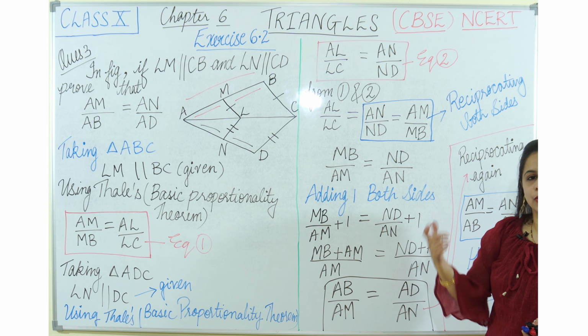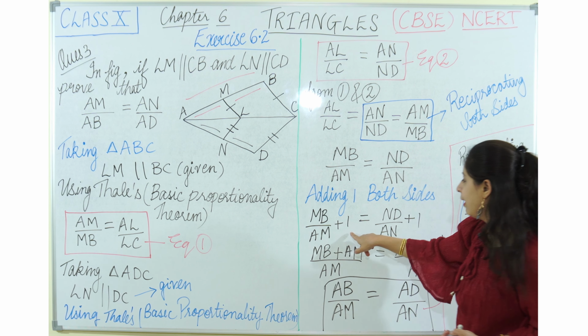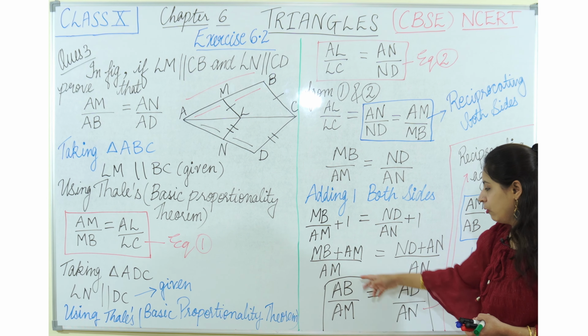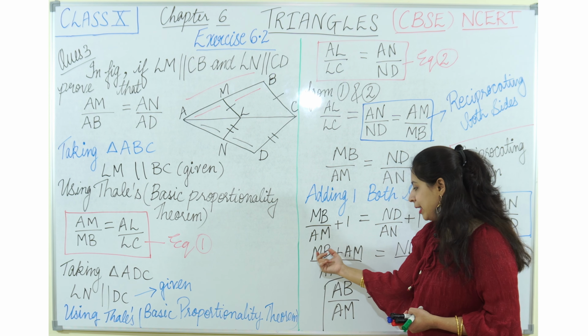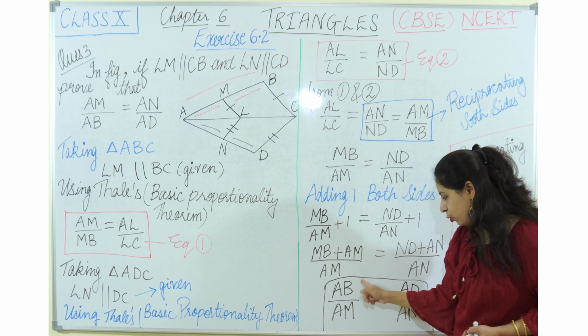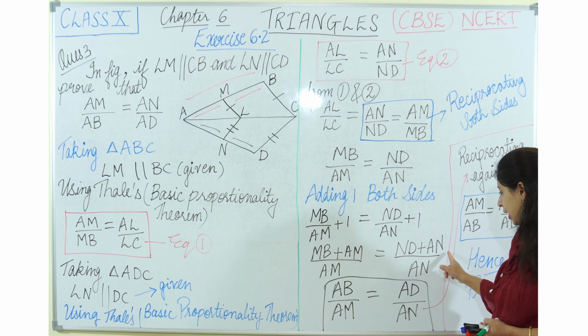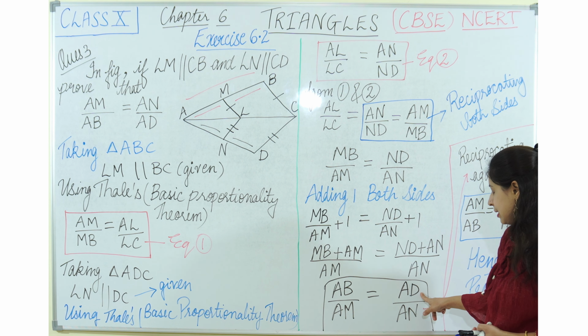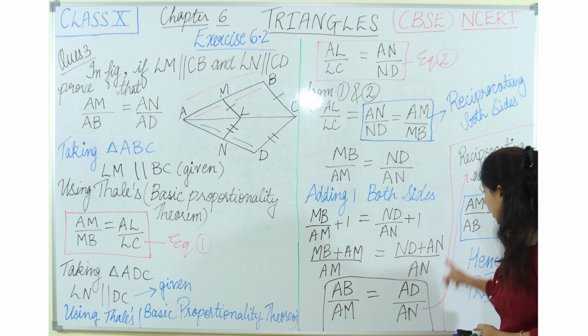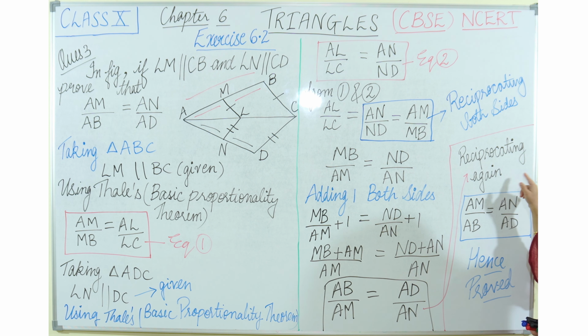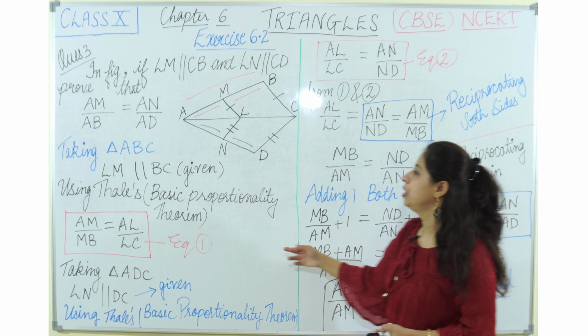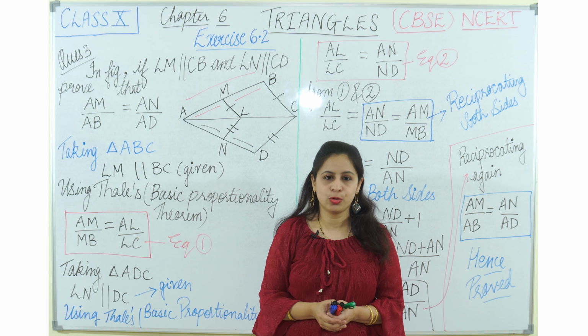So first reciprocate, then add 1, then join MB plus AM to be AB, and ND plus AN, or AN plus ND, to be AD, and then reciprocate again. We get the result we have to prove. This is how you should proceed with such questions.